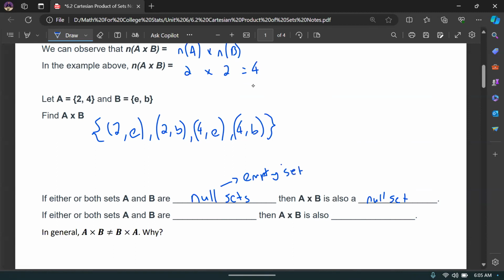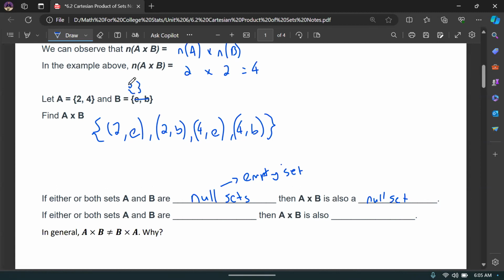So for example, if we had this last problem, if B was just equal to a blank set, like there's nothing in it, no A, no E, no B, just nothing in it. Well, then how would you multiply 2 with nothing, 4 with nothing? You can't have 2 in a blank and 4 in a blank. That's not how that works.